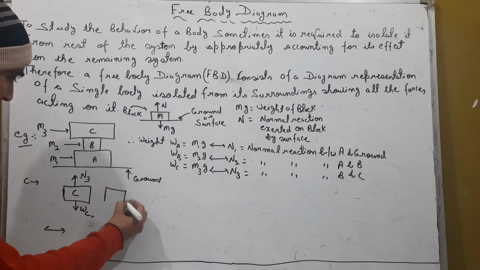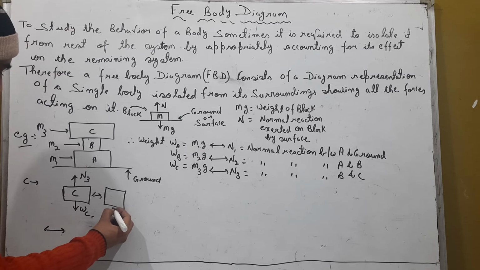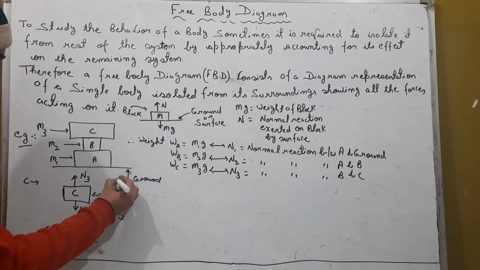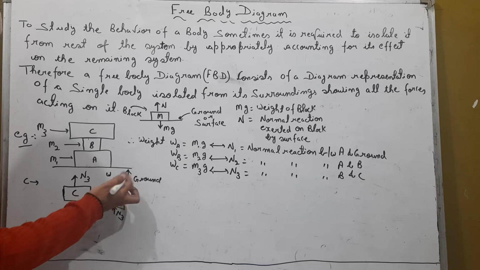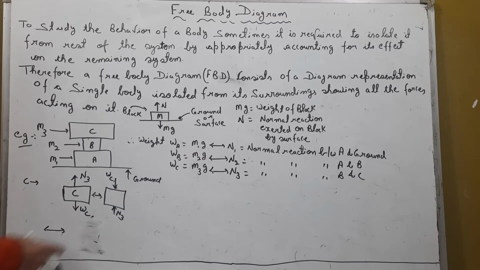So these two are equivalent. We can show it like this also. So this is N3, and this is WC. This is the set of forces working on block C separately.